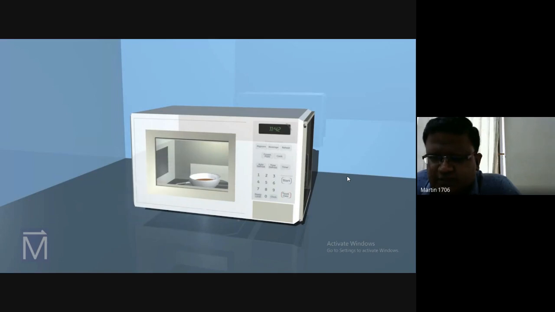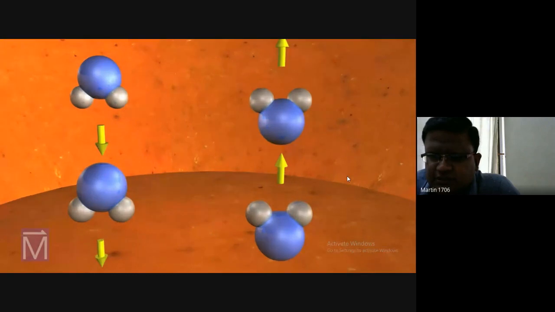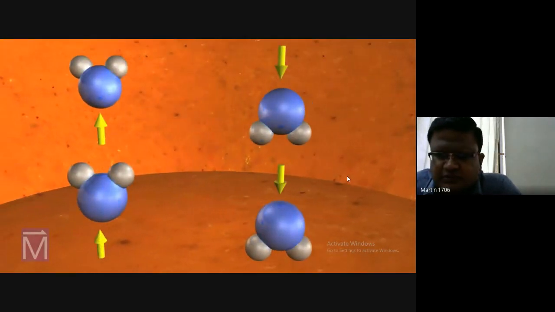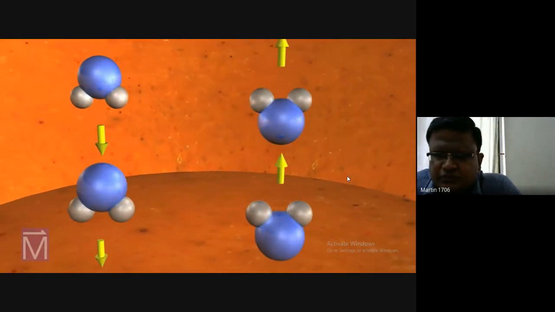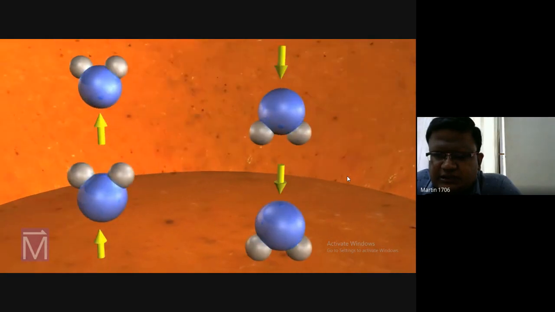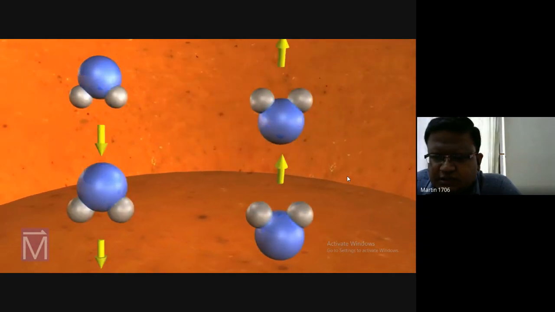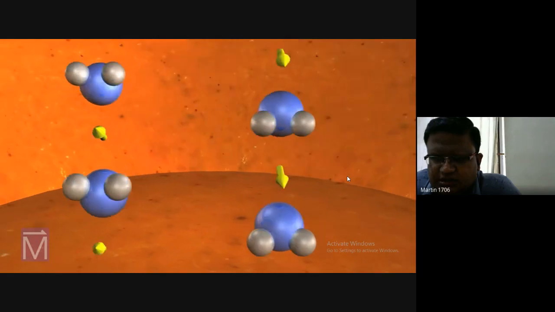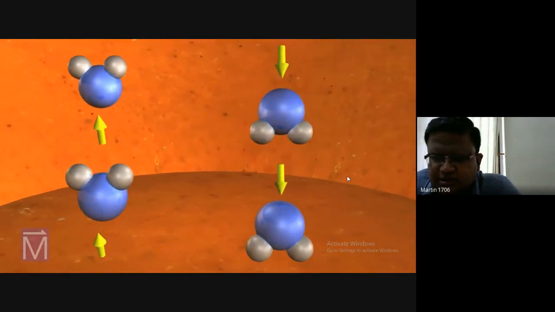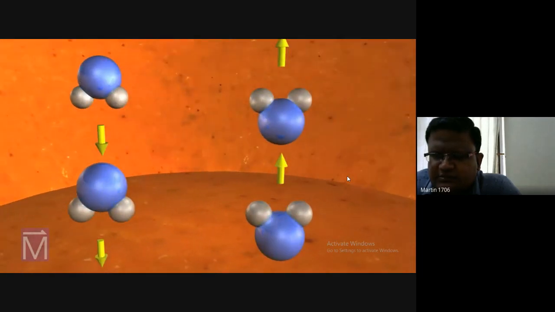Please see how the radiation of heat goes inside to the food items. Please see, once the radiation goes inside, how the molecular changes occur. Accordingly, the food gets boiled.